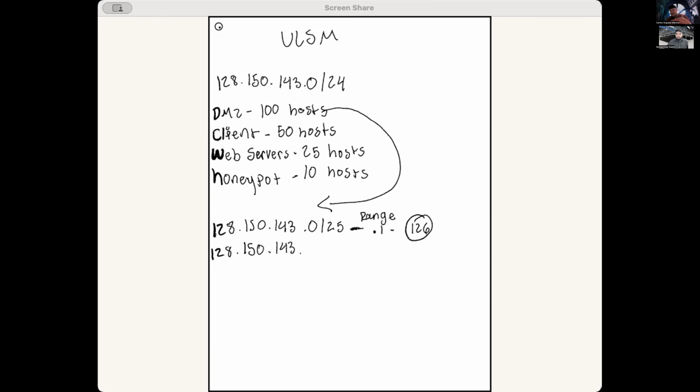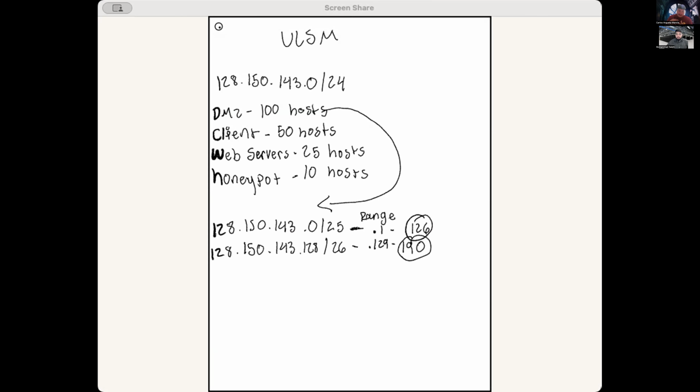So I'm going to begin with that new network ID of .128/26, which gives me a range of .129 through .190, because it ends at 192. On a /26 network, it changes every 64, so 192 is the maximum. 191 would be my broadcast, and 190 would be my last usable address.